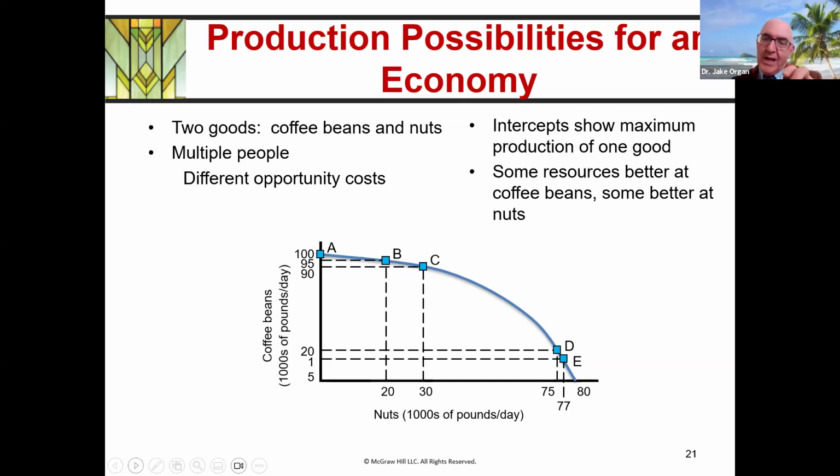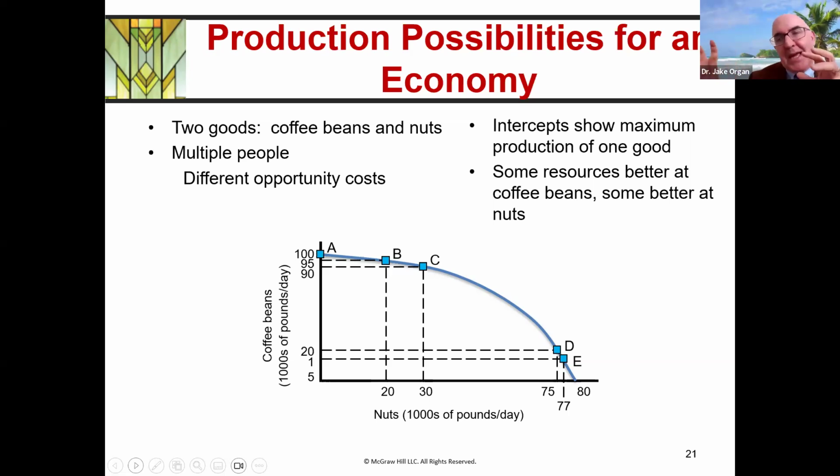So basically, if you try to really shoehorn the economy so everyone's producing coffee, that's not going to be so good, because some of the resources for making nuts are better for making nuts. So, in the two extremes, the curve shows that you actually produce more when you're in the middle.